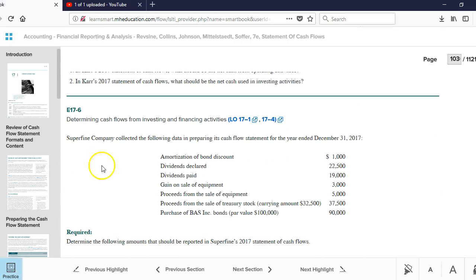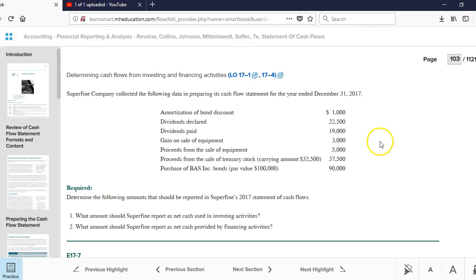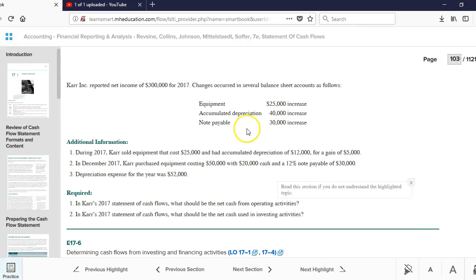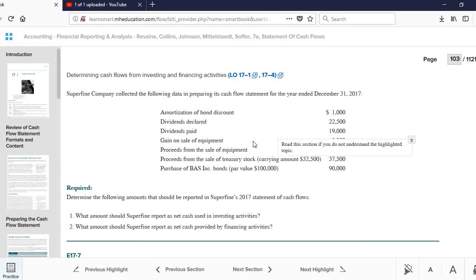It says here, Superfine collected the following data in preparing its cash flow statement for the year of 17. And this one's going to focus more on investing and financing. The previous one was operating and investing. This one's investing and financing. So we finally get to take a look at the investing section. And so let's go ahead and do that.